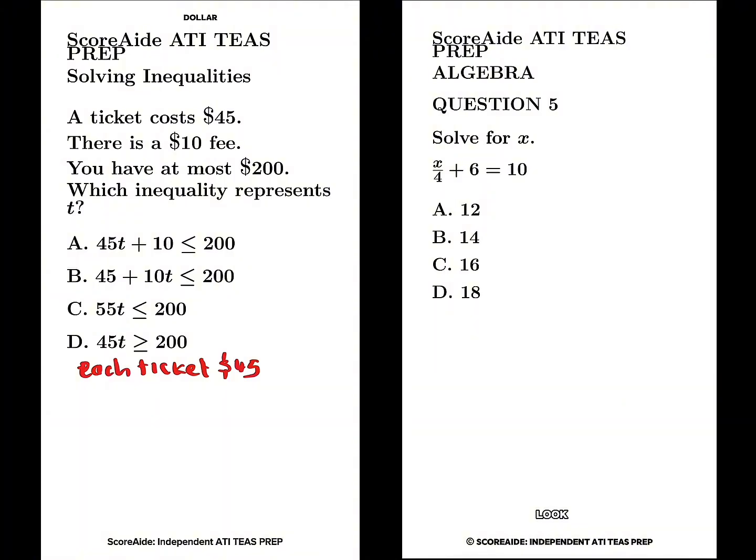Each ticket is $45. This means that the cost of the total number of tickets you can buy is going to be 45T, right?